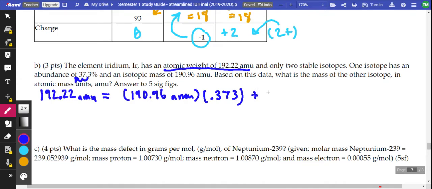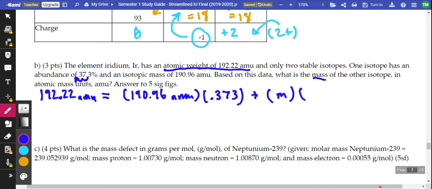This should be added to the mass and the percent abundance of the other isotope multiplied together. But I don't have either of those. I'm looking for the mass of the other isotope. I don't have the percent of the other one, but I do know there's only two isotopes.